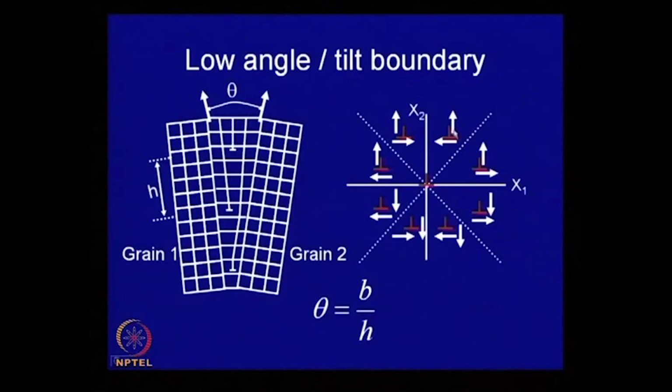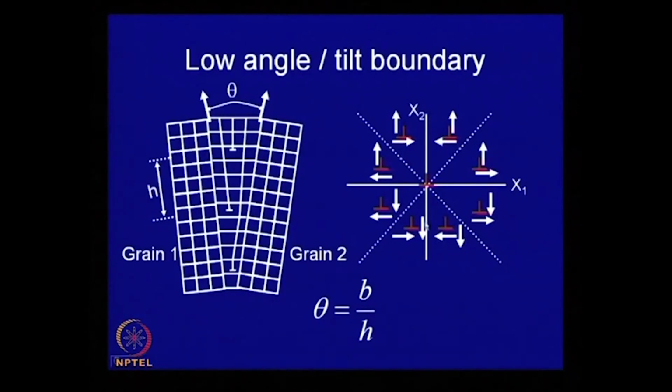But if you have a dislocation over here, it will have a climb force acting plus another force of attraction which will try to bring it somewhere here, and this is a position of equilibrium. If you disturb it from this position, moving the dislocation slightly this way, there will be a restoring force which will try to bring it back. So, this is a very stable configuration.